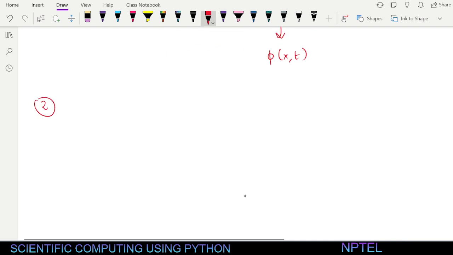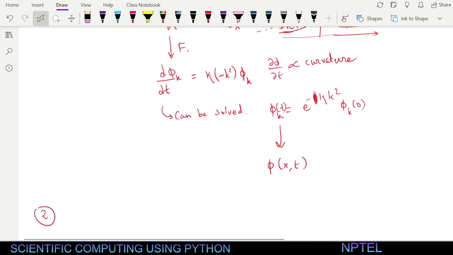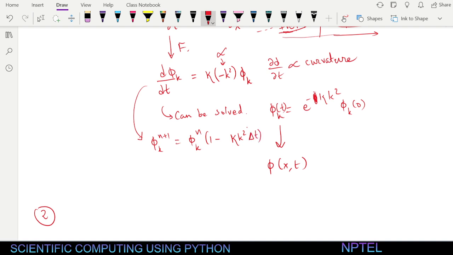And the second was the wave equation. And if you are doing Euler forward, then how will you solve it? So this is like your alpha, right? So every time you multiply phi k n by some factor, that is 1 minus alpha, so 1 minus kappa k square delta t. And the mod of this should be less than 1 for stability, which means at max this can be minus 1.